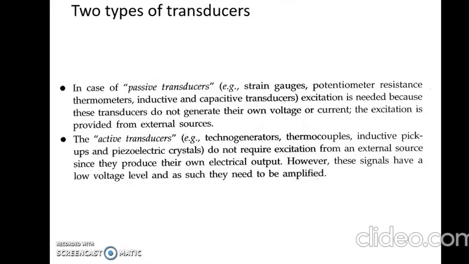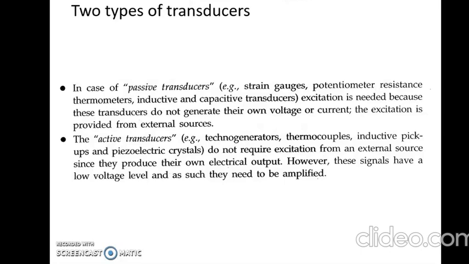Now, we know that basically there are two types of transducers, passive transducers and active transducers. In case of passive transducers, like strain gauges, potentiometer, resistance thermometers, and so on, some external excitation is required because these transducers don't generate their own voltage or current which is required for their operation, and the excitation is provided from external sources.